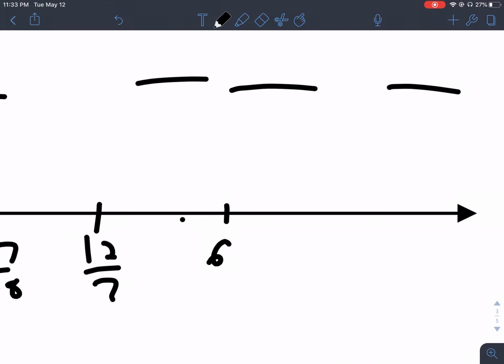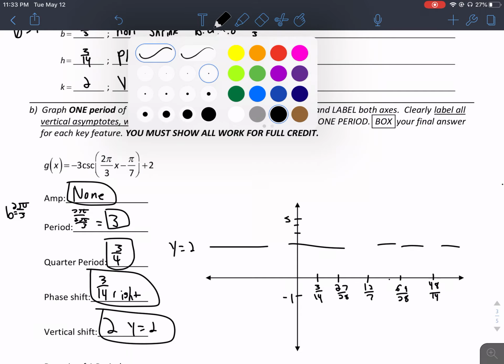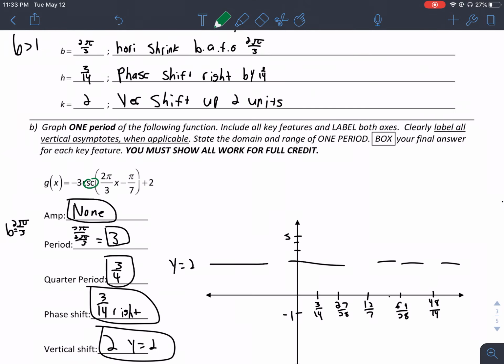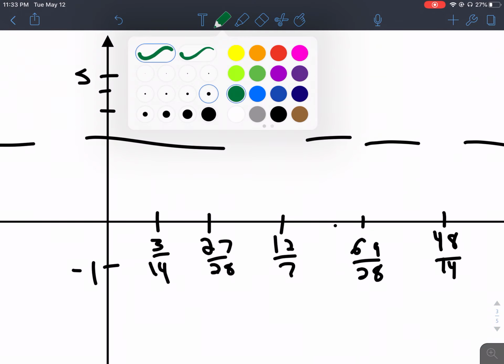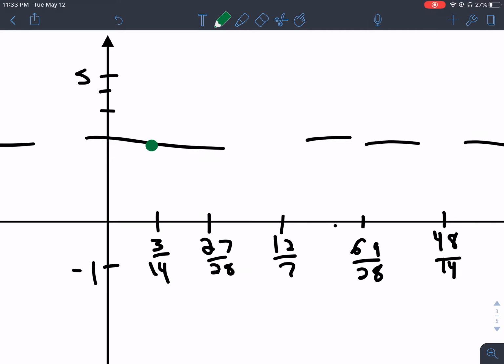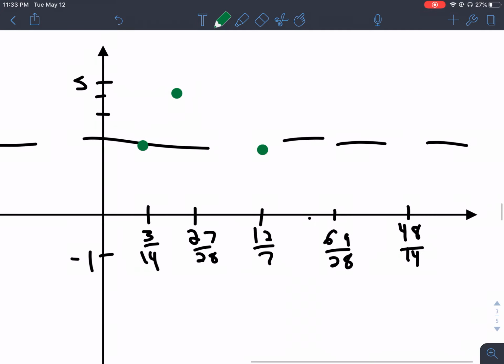Again, 69 over 28. And then again, it's 48 over 14. And so we know that this is a reciprocal of sine, so the points would go like this. So the graph will look like this.